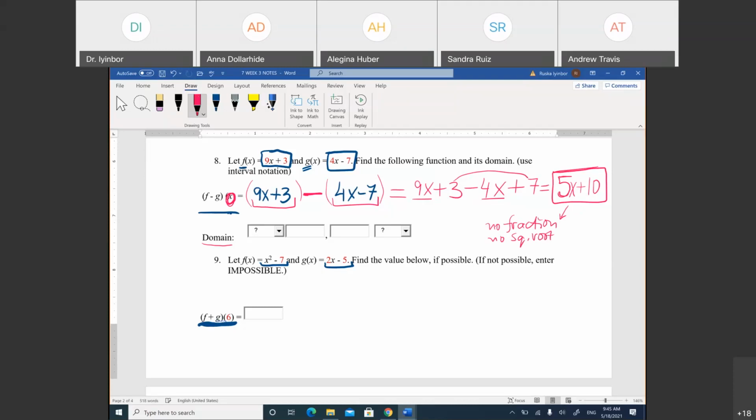And no restrictions means negative infinity, infinity, yes? Yes. That's your domain. So the domain is going to be parentheses negative infinity, infinity. Everybody understand that? Yep.